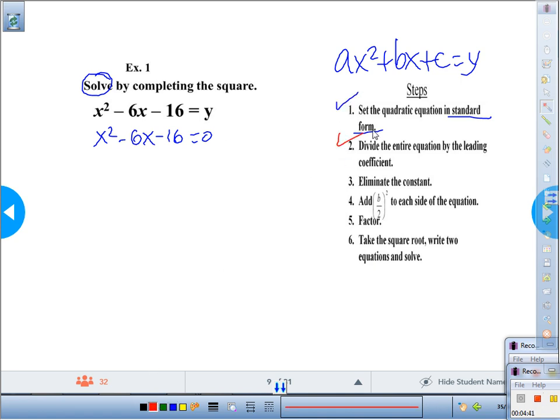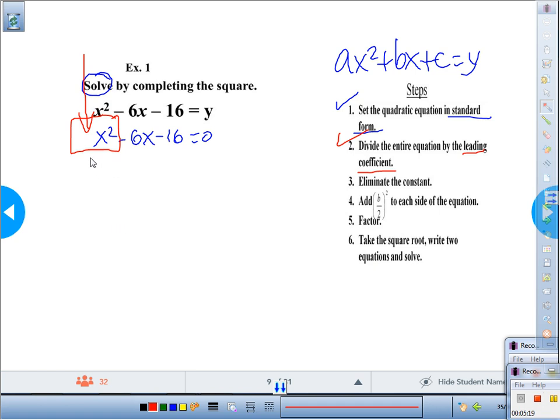Step 2, divide the entire equation by the leading coefficient. Mr. Q, what is the leading coefficient? When an equation is in standard form, we go to the first term, and the number multiplying the variable is our leading coefficient.